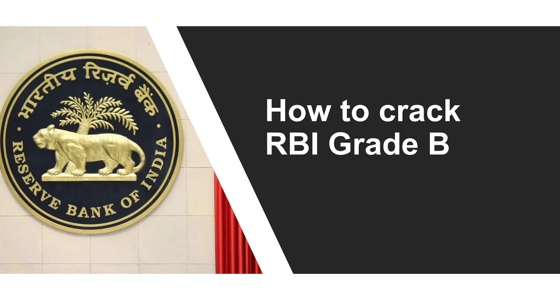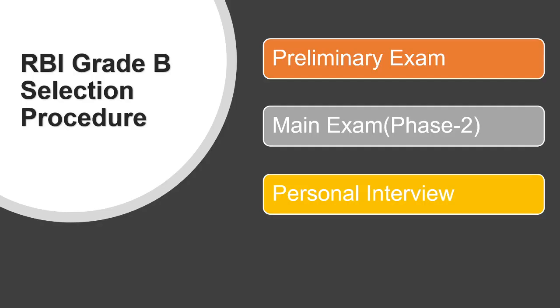So guys, whenever we talk about RBI Grade B, you know this is in the banking sector, it is one of the most reputed posts we have. Okay. So the competition is quite tough and you need detailed knowledge of every subject, in your phase 1 as well as your phase 2 and during your interview process as well.